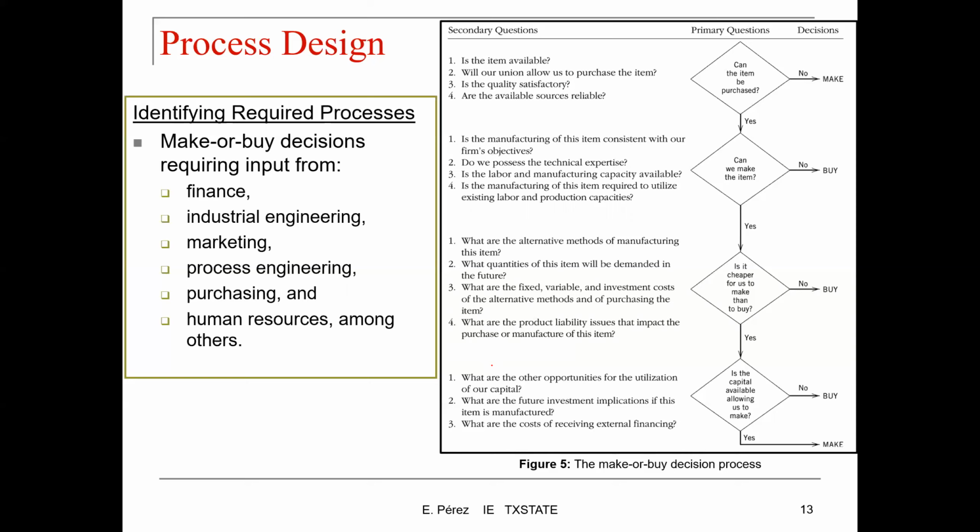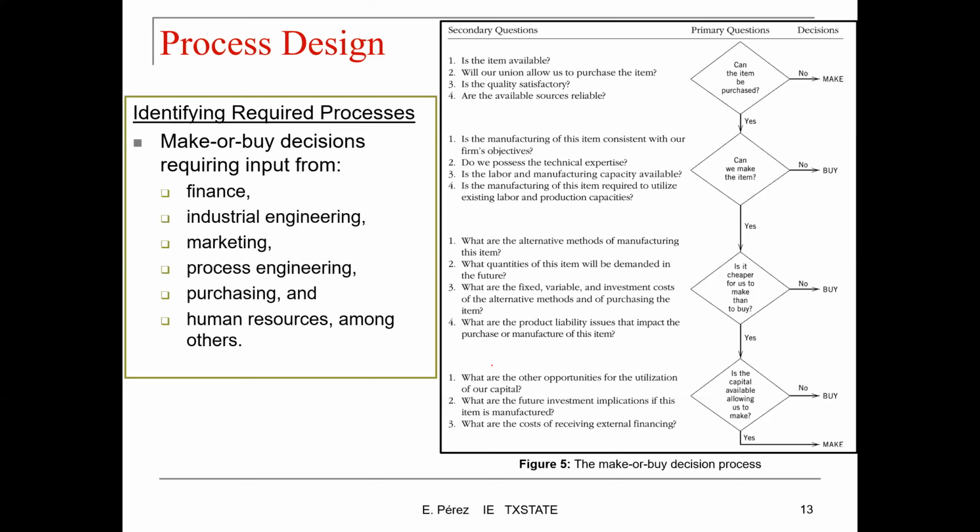That's your best option. But if you answer no to one of these questions at any time before that, then it's better for you to buy, unless the item cannot be purchased, which is what's happening at the top.